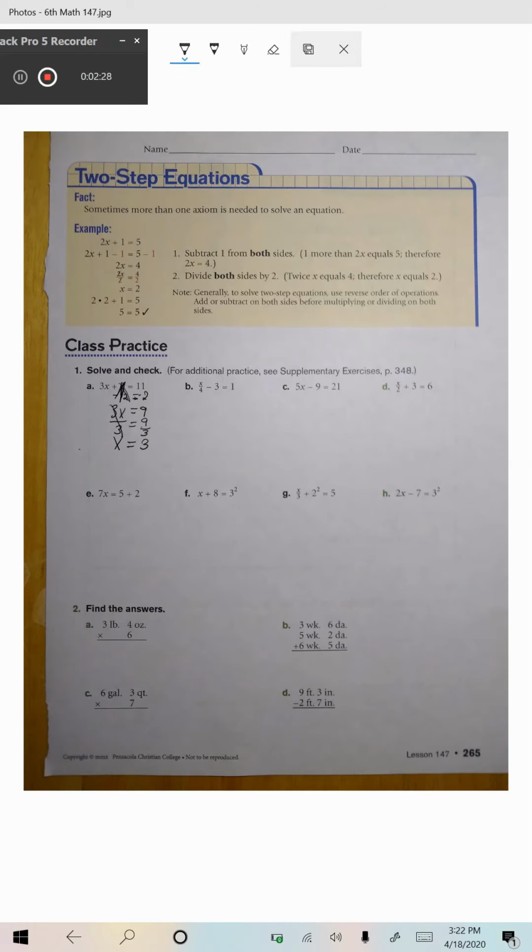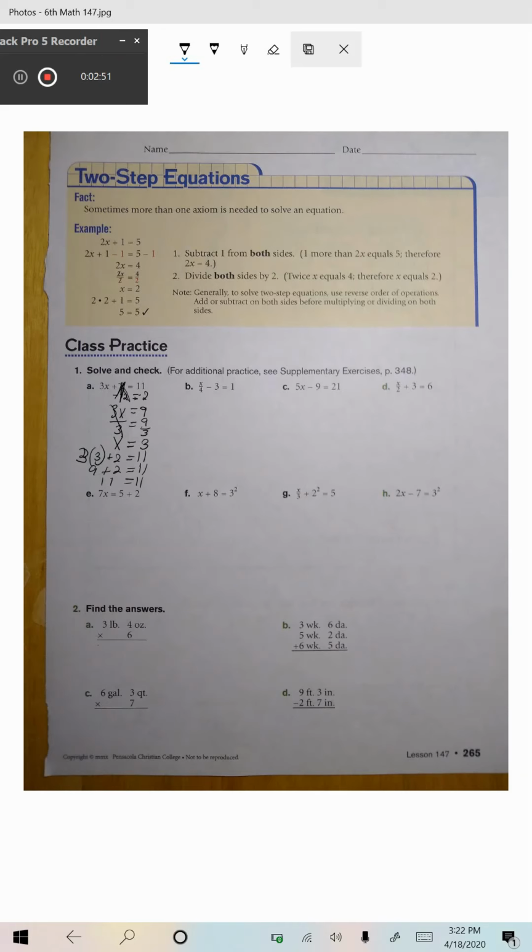So let's try it. Let's put the 3 in place of the x, and we're going to add 2. See if that equals 11. So 3 times 3 is 9, plus 2. Guess what? It equals 11. So it wasn't any harder. It's just like one more step, but you already know how to do it.